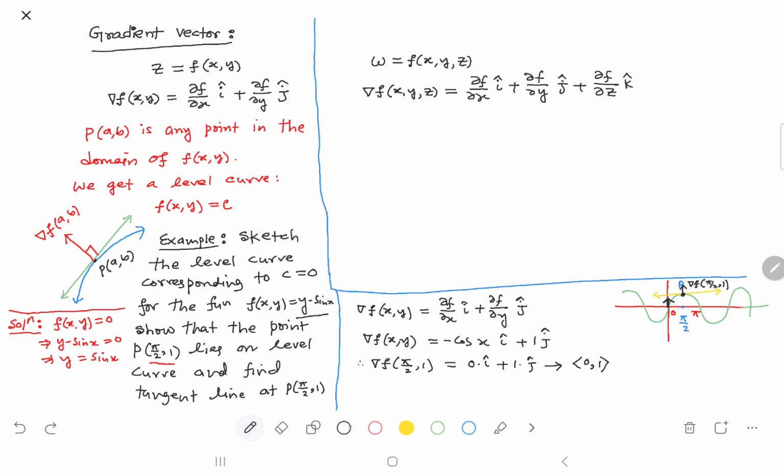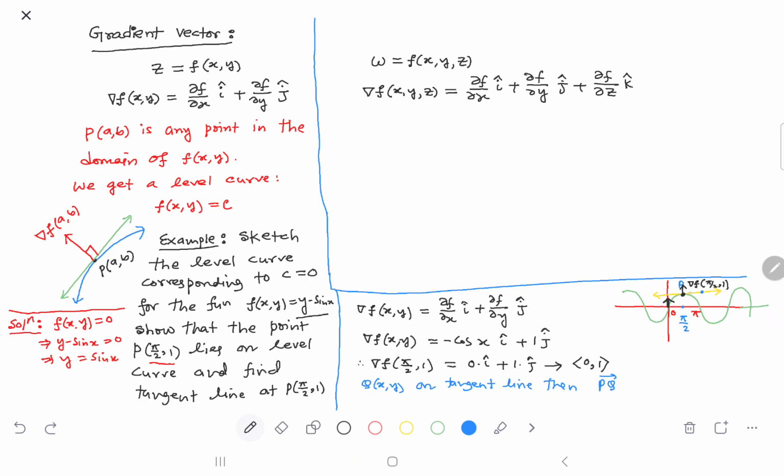How do you write down the equation of the tangent line? You take any point on it. Let's say Q is any point x, y on the tangent line. Then we get the PQ vector. P we already know, it is the point pi by 2 comma 1.